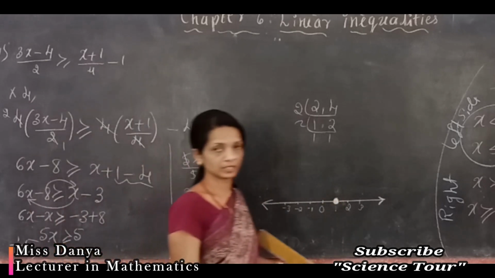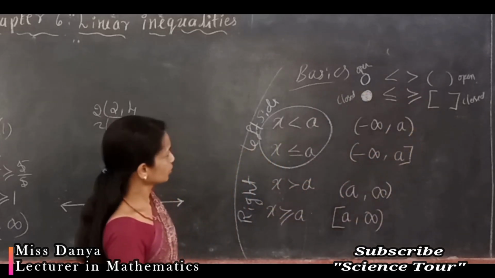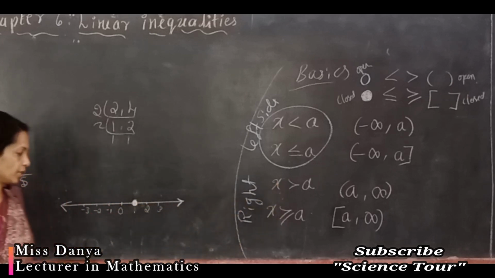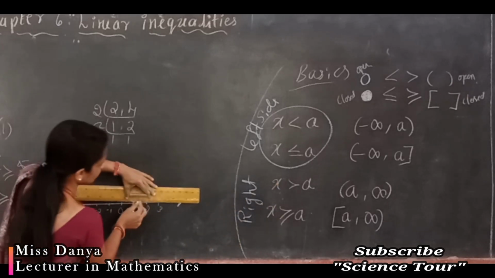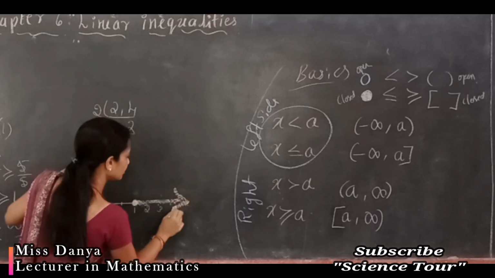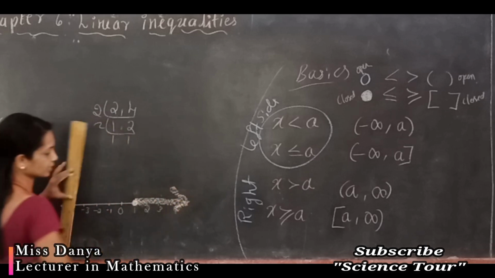Greater than or equal to means which side? Greater than or equal to means you have to shade the right side of the number line. So the right side of 1 on the number line you have to darken.